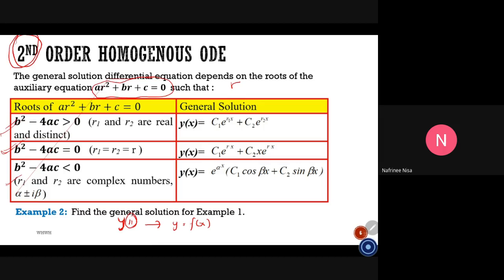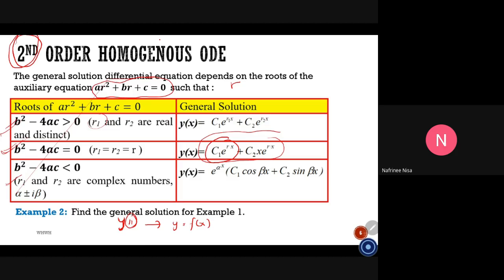Kalau R tu kita dapat real and distinct, then the solution will be C1 e to the power of R1x plus C2 e to the power of R2x. Kalau dia sama, R1 equals to R2 equals to R, then kita guna solution yang ni: C1 e to the power of Rx, C2 x e to the power of Rx.